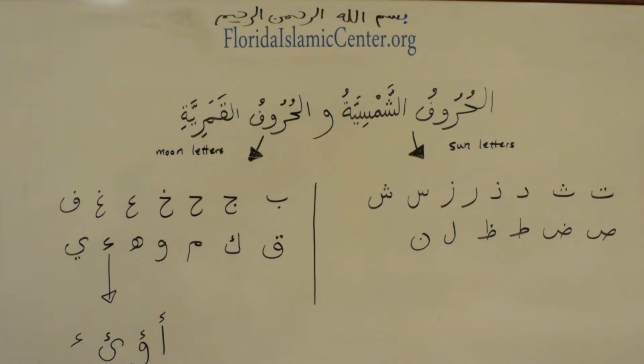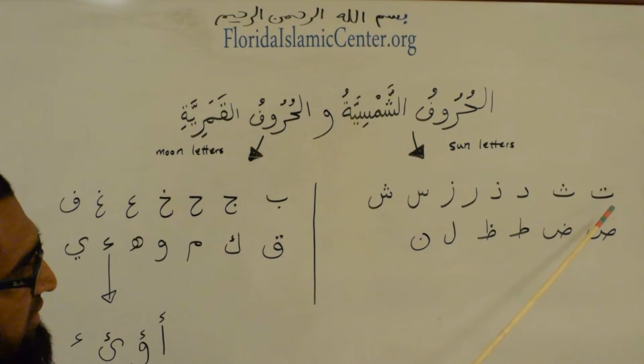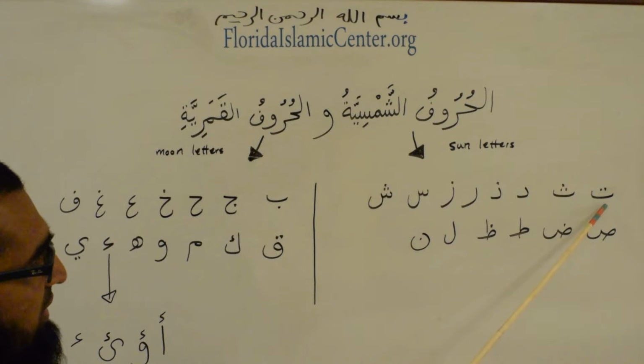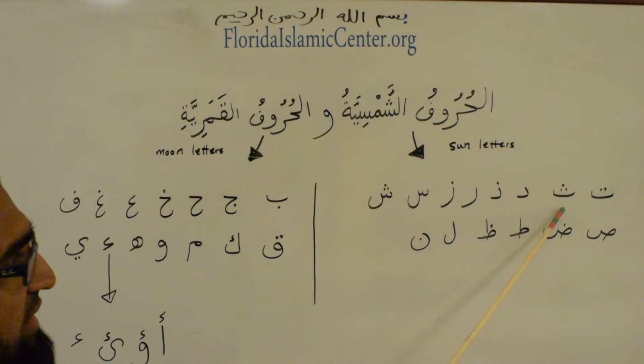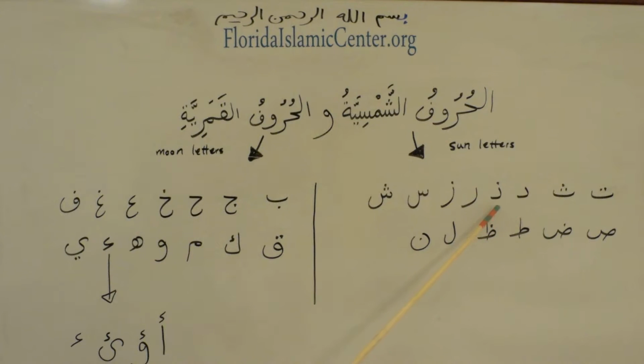So there are 28 letters in the Arabic alphabet. 14 of them are sun letters. Another 14 are moon letters. Let us go through them. The sun letters, al-huruf al-shamsiyya, are ta, tha, dal, dhal, ra, zai, sin, sheen, sad, dad, ta, zha, lam, noon.